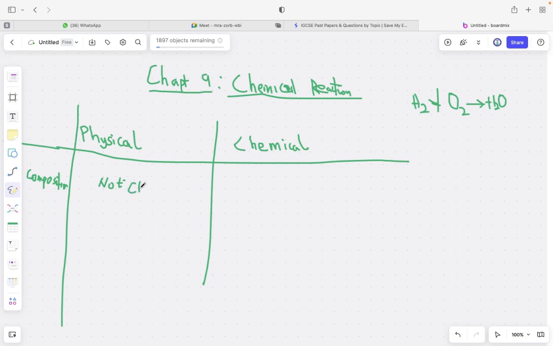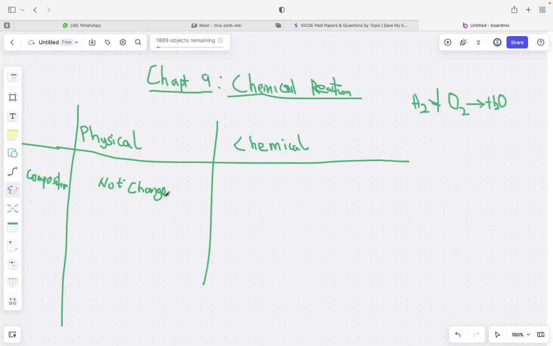But for chemical change, the composition will change. You understand what that means? For physical change, the composition of the substance does not change. The molecules are what they are. It's just that they may be a bit farther apart from each other, but the composition does not change.